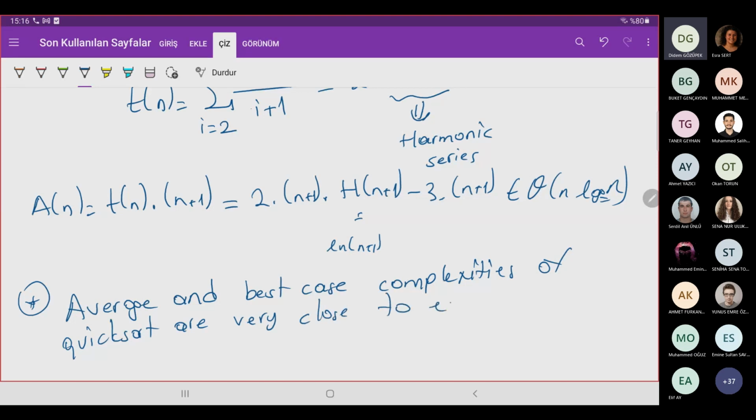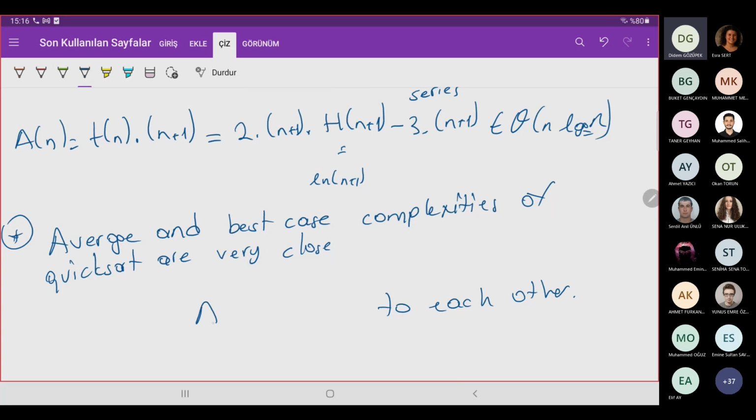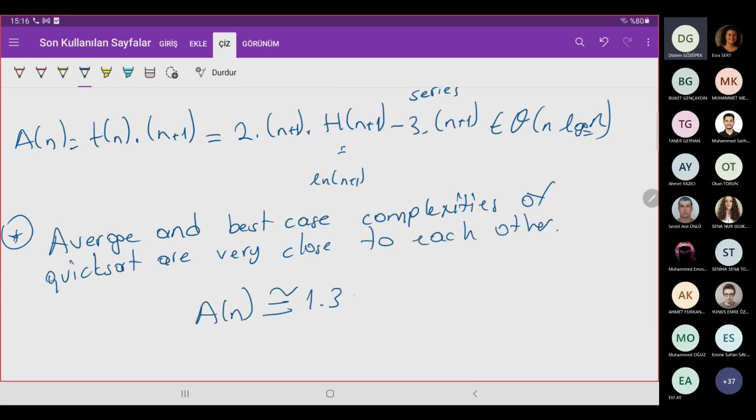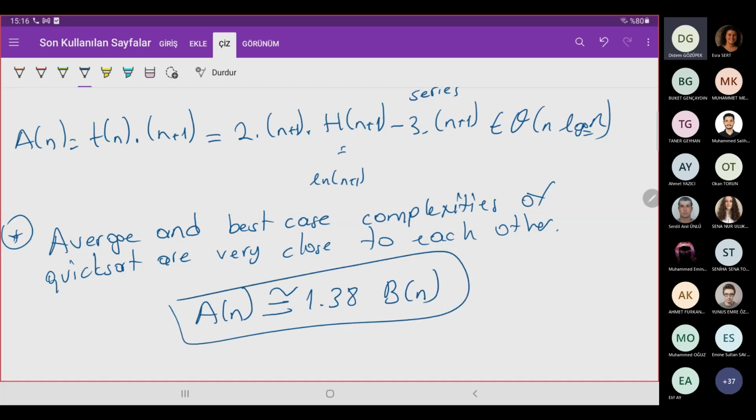And some analysis in the literature showed that a(n), the average case complexity, is approximately 1.38 times the best case complexity. Both are in the same complexity class, and there's even approximately a constant relation between the two. So in quicksort, on average, we are very close to the best case. That's also one of the reasons why it's a pretty good algorithm.